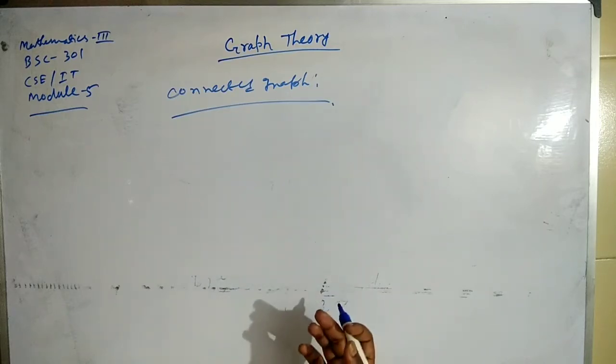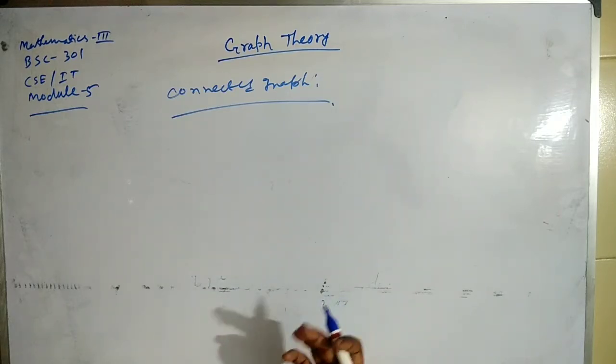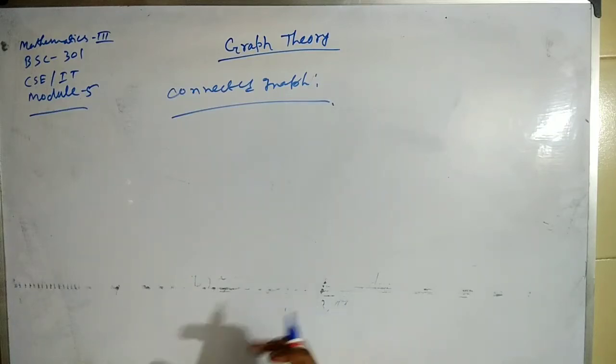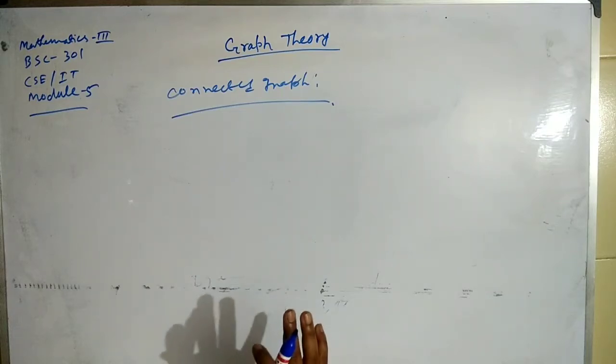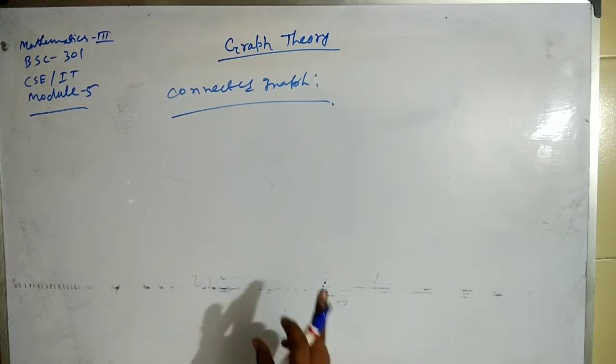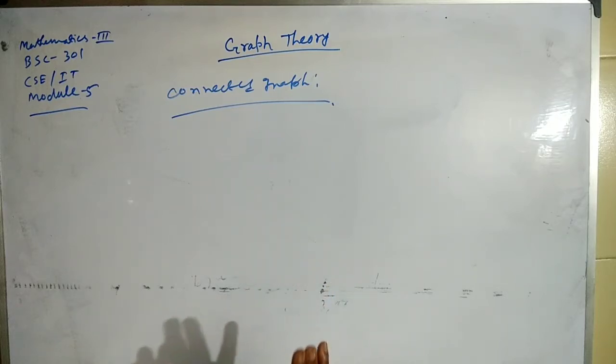Many students confuse a connected graph with a complete graph because the definitions are almost alike. The definition of a complete graph is that every pair of vertices is connected with an edge, and in a connected graph the definition is that every pair of vertices is connected with a path.